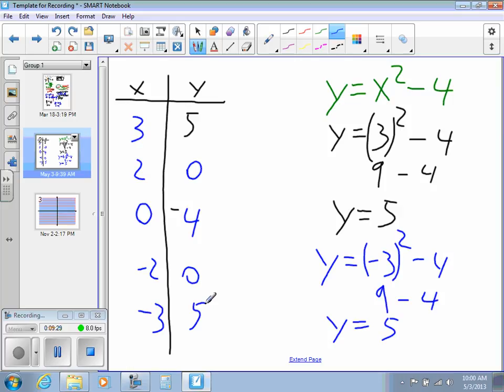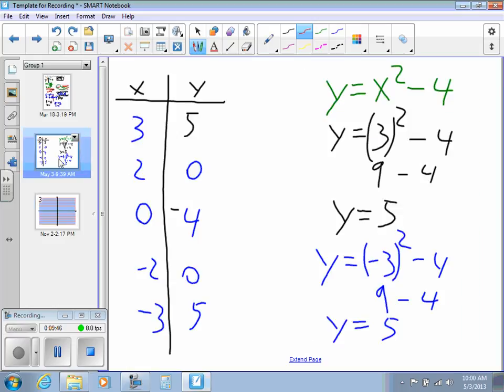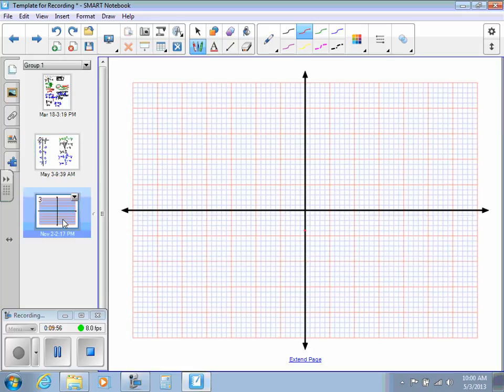Let's go ahead and see what this looks like now. So first of all, I've got 0 and -4 here. Let me do it this way. 0, -4 is right there. And then at both 2 and -2, y equals 0. So let's put those in.